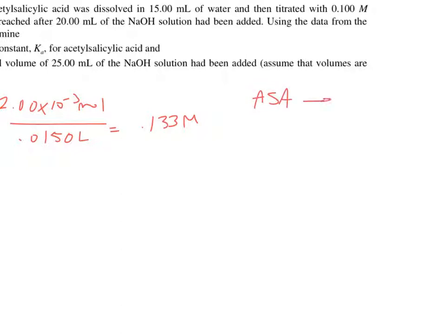Acetylsalicylic acid decomposes into H plus and the acetylsalicylic acid minus. It loses a hydrogen. We're just going to call it acetylsalicylic acid minus, the deprotonated version. So, ICE table, and this is the original concentration, 0.133 molar. I initially have 0 of this.